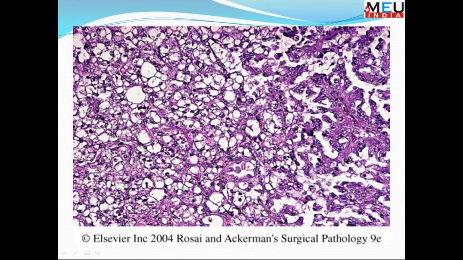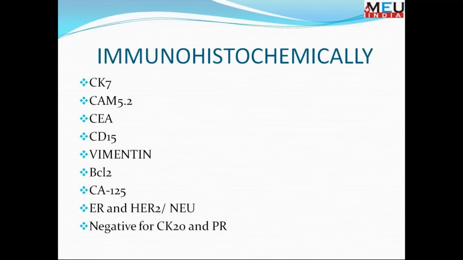Another one with mucin with clear cells, and immunohistochemically it is positive for CK7, CAM 5.2, CEA, CD15, vimentin, BCL2, CA125, ER and HER2 neu, negative for CK20 and PR.